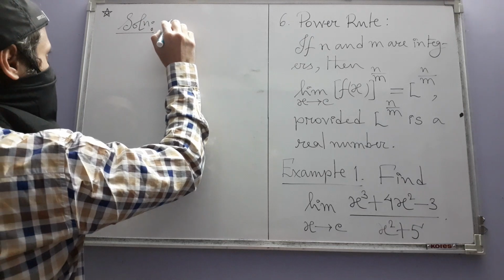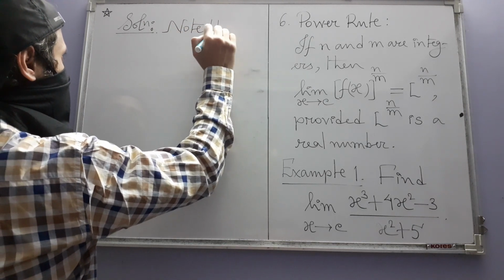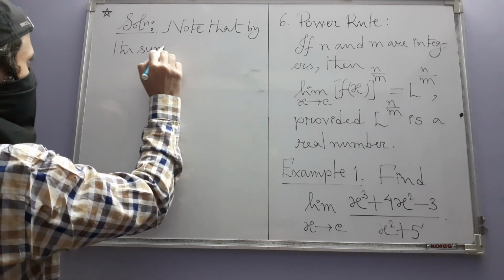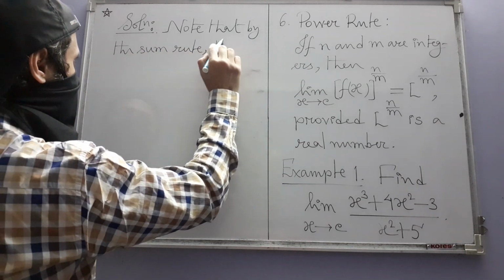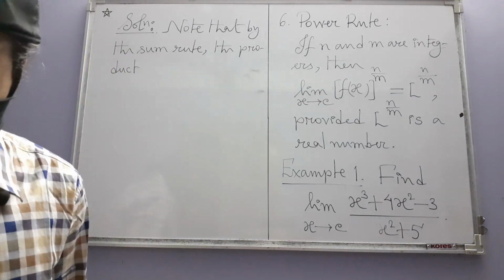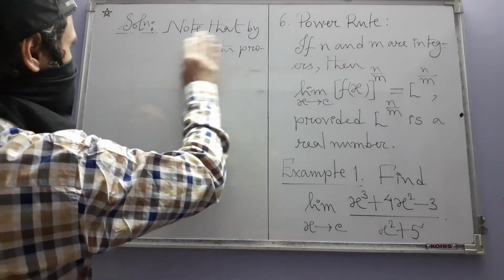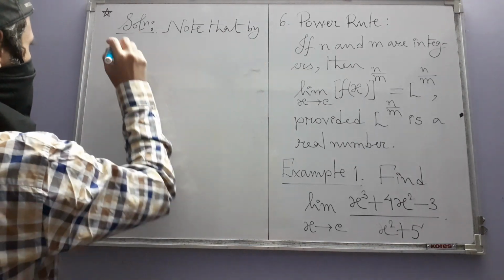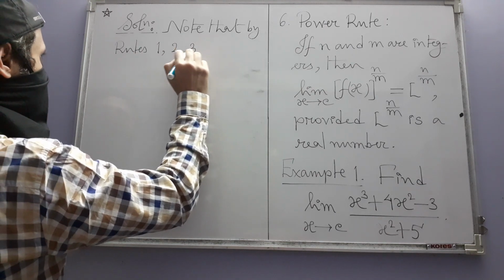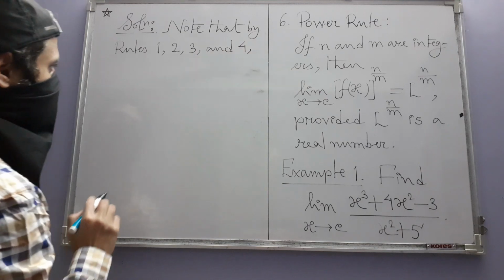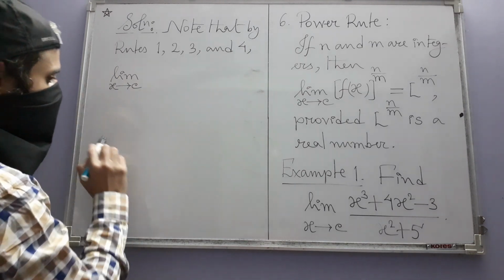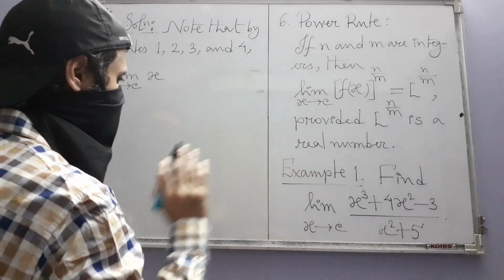Solution. Note that by rules 1, 2, 3 and 4, limit of the numerator, let us calculate that separately.